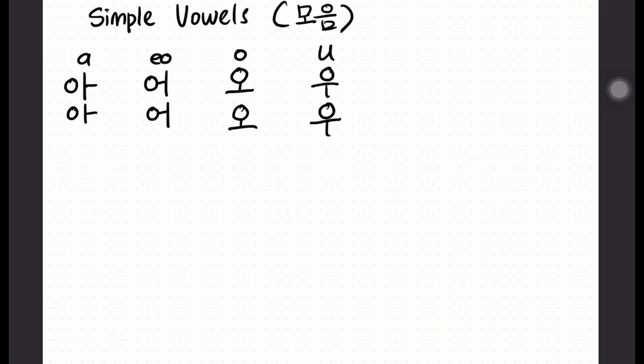And the next one, EU. And the next one is our I, E. So circle and one straight line. Okay, circle, one straight line, E. Okay, and our AE, which is A, is written like this. 1, 2, 3.